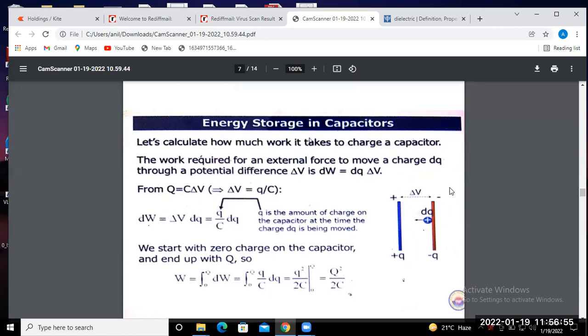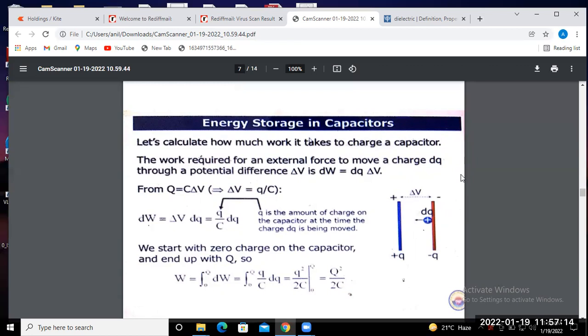Through the potential difference delta V between these two plates, work done equals voltage times charge. So a small charge is represented by dq and a small potential difference by delta V.